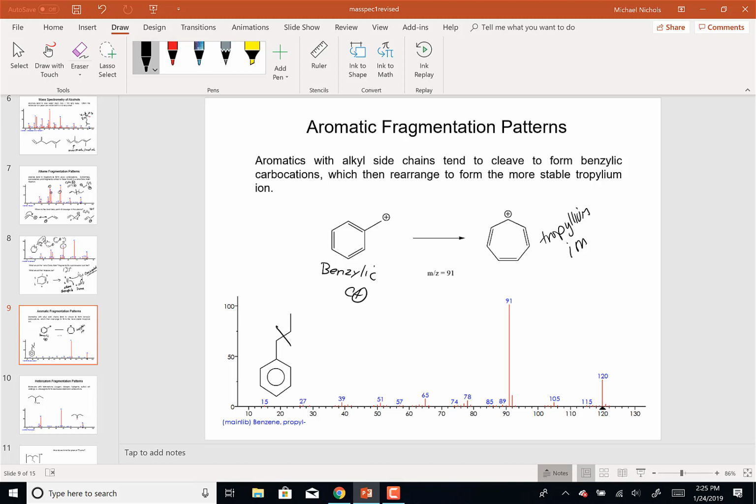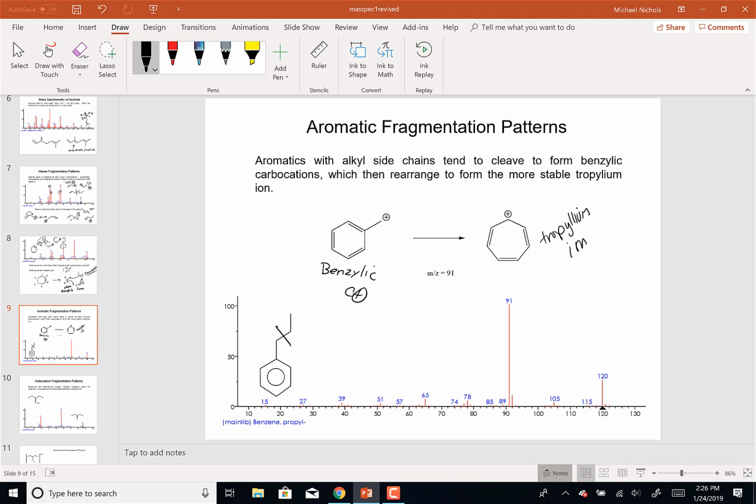How's this important? Well, if you think you have an alkyl benzene, you better see a peak in your mass spectrum at 91. If you see a peak in your spectrum at 91, that means you have an alkyl benzene. And it doesn't matter if it was 3 carbons or 100 carbons. It's going to cleave to form that benzylic carbocation.